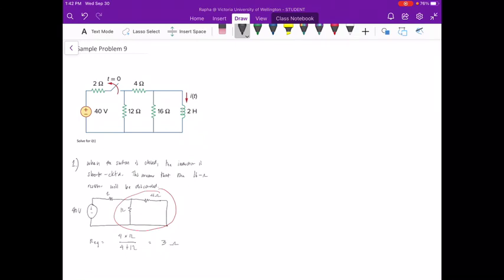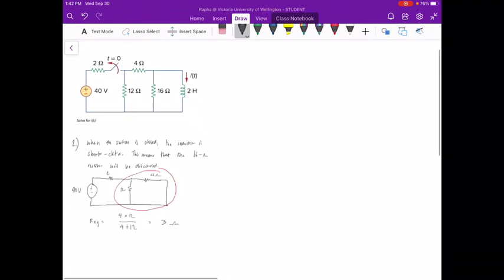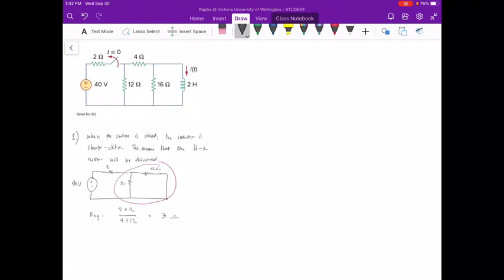Quite familiar. Now, solving for the current of this simplified circuit, we have I is equal to V over Req, which is 40 volts over 3 ohms plus the existing 2 ohm resistor on top, and we have 8 amperes.